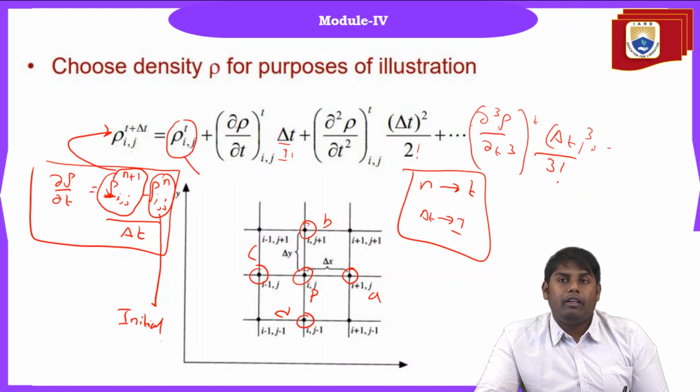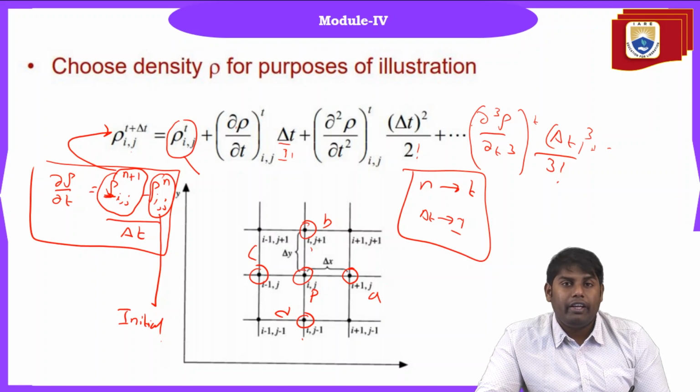So P is nothing but our point of interest. Fine. So here what is happening actually? So the i, j and i plus 1, j and i minus 1, j and i, j plus 1 and i, j minus 1. So these 5 points are the terms which are involved in one generalized equation.